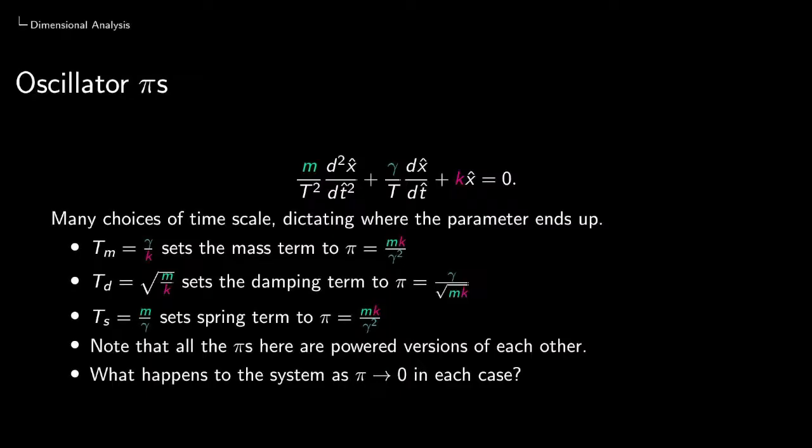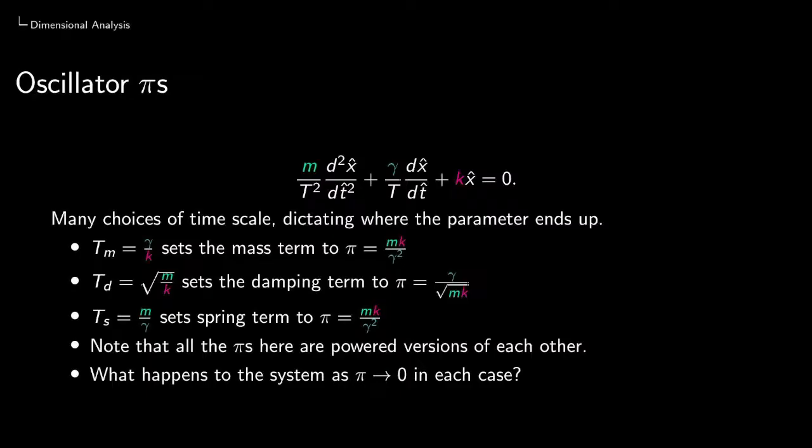But no matter what we pick, what we'll see is that all three of these pi's that we can get out of it are really related to each other. So even though we have three options, there's really only one version of the same quantity, right? They're all powered versions of each other. The pi for the mass option and the pi for the spring option are exactly the same.